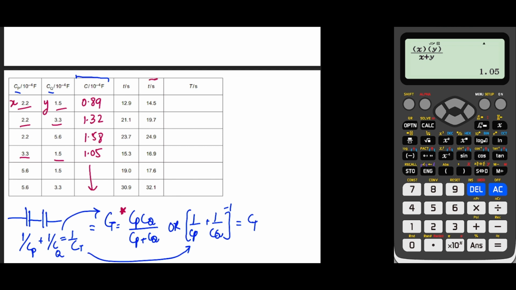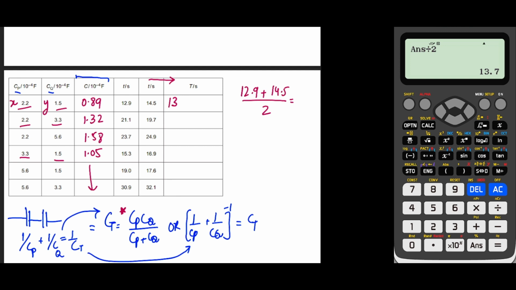Now, for the next part, it again asks me about the average and to calculate the uncertainties. We know if the values are given to us directly, what we can do to calculate the actual value, that will be 12.9 plus 14.5, since we're taking the average. It is mentioned in the question, by the way. So 12.9 plus 14.5, and then divide this by 2, gives us the answer of 13.7.